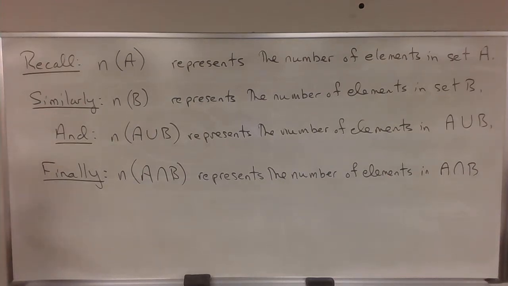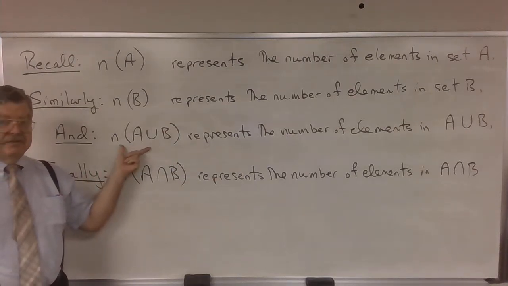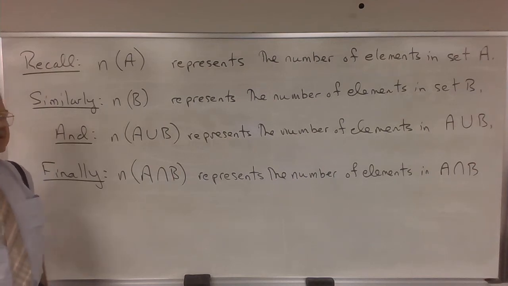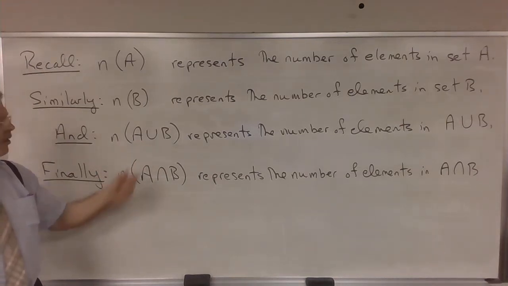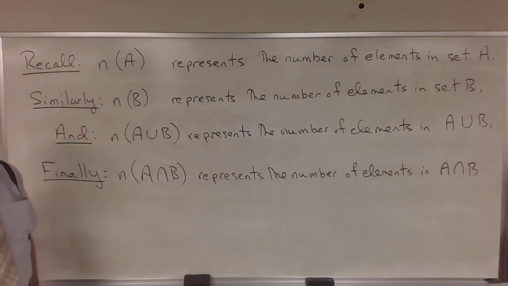What we're going to be concerned about primarily with our counting exercises is this thing, the number of elements in A union B. And I'll give you a heads up. The number of elements in A union B also involves all of these other things.